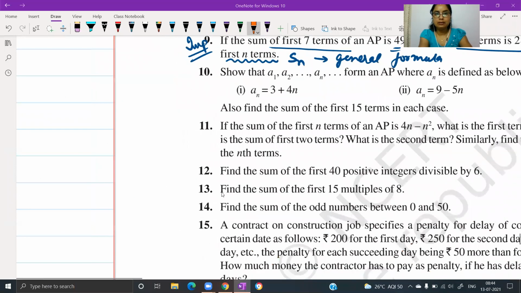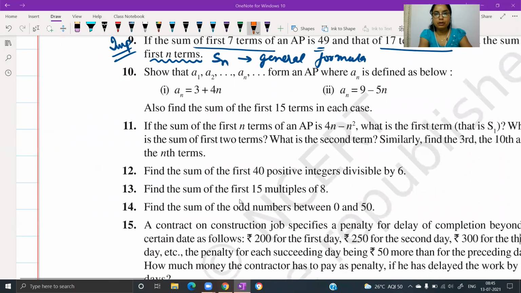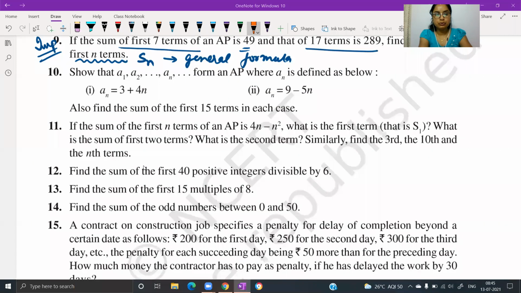Question number 10. Again, this is an important type. You have to show that A1, A2, A3 up to An and so on, the terms you will obtain by using this relation where An is defined as 3 plus 4n.